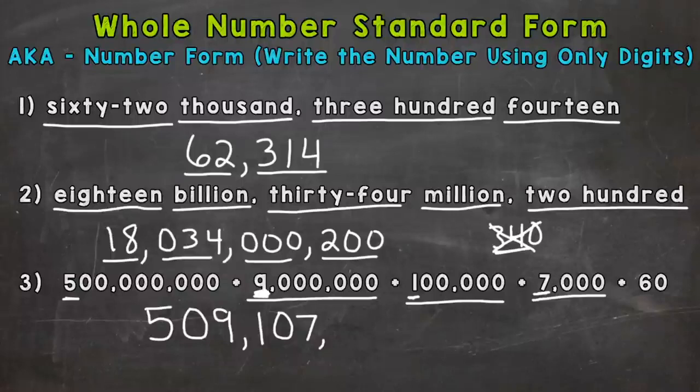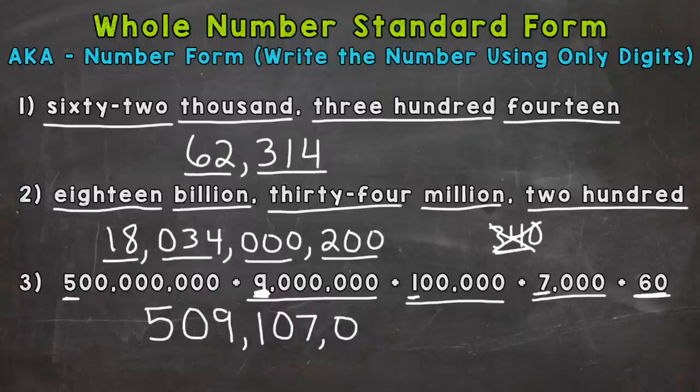Comma. Next we have the hundreds place. We have a 60 that comes next. So we need a 6 in the tens place. So that's not going to help us with the hundreds place there. We don't have anything that has a value in the hundreds. So we have a 0.